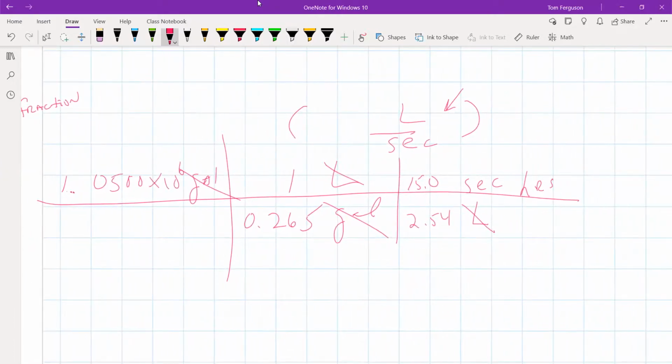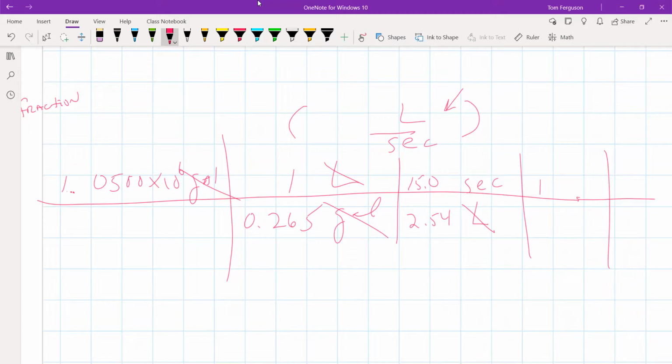Okay, now we have seconds. We don't want seconds, we want hours. Well, we'll need to convert those seconds to hours. First step is get it over to minutes.